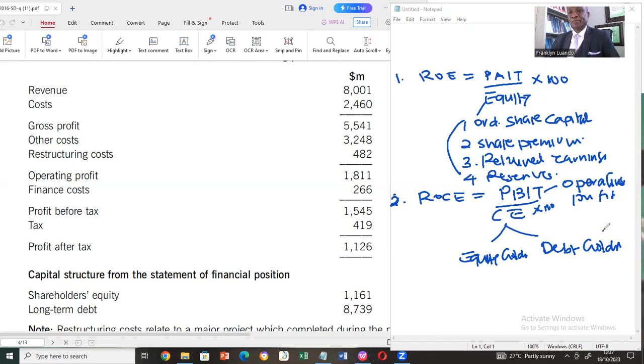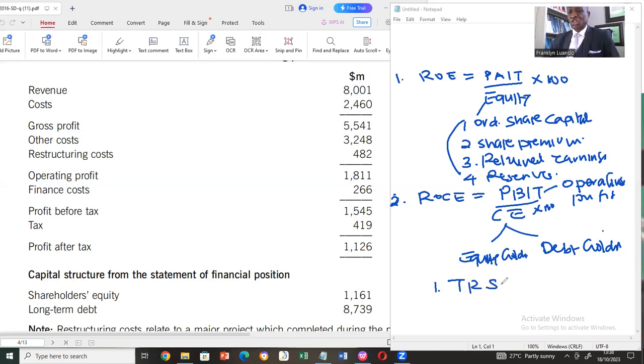Reason being, both of them are based on profits, not cash flows. Maximization of shareholders' wealth is based on cash flows. Therefore, the methods that can be used should be: one, total return on shareholders' funds.